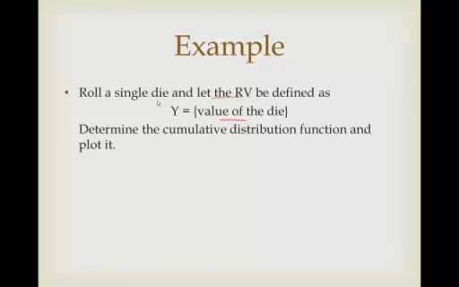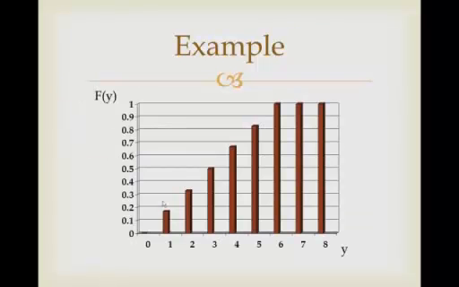So we're supposed to roll a single die and let the random variable be defined as the value of the die. And then we're supposed to determine the cumulative distribution function and plot it. So if we do that, we can say that, first off, the probability of rolling a 1 is going to be, well, what would you expect it to be? It's going to be 1/6, right?